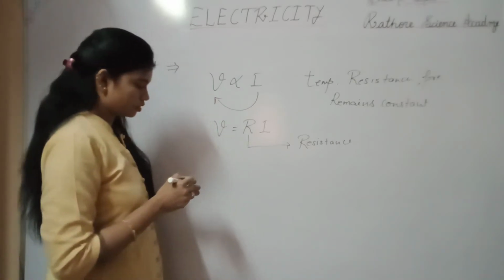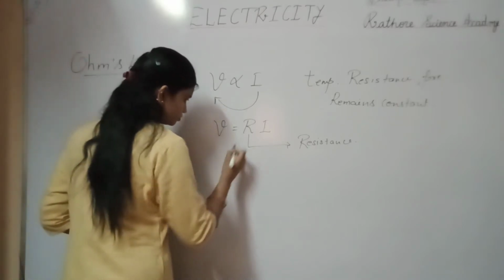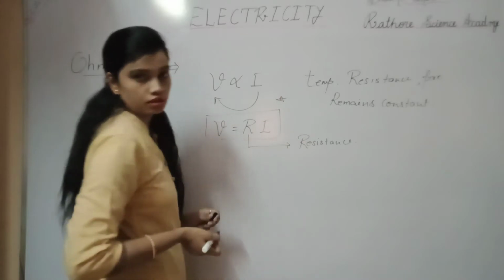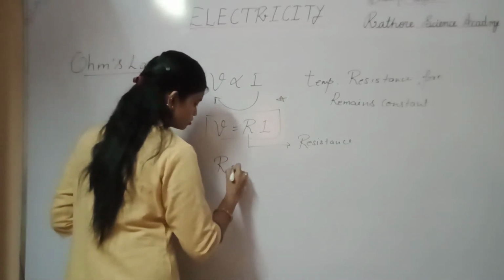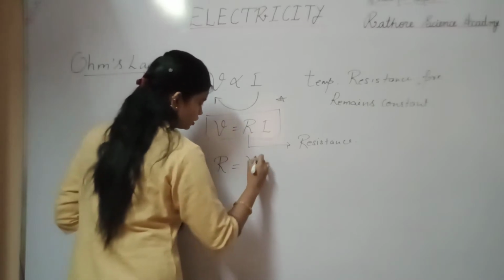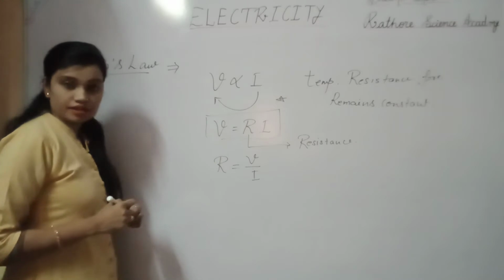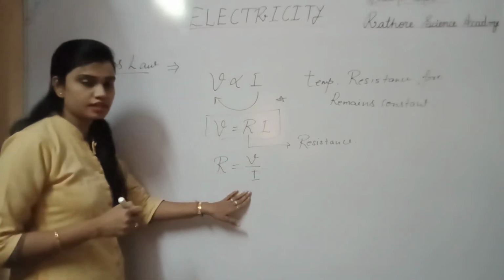This is an important formula you have to remember, and another formula you will get from here: R is equal to V upon I, where R is resistance, V is potential difference, and I is current.